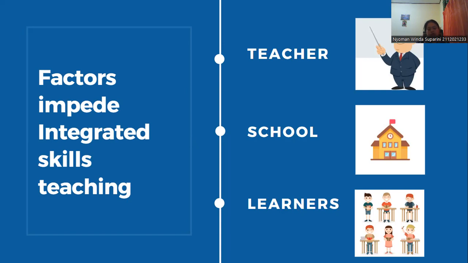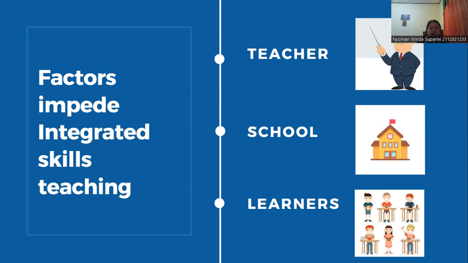Some teachers believe that it is impossible to teach more than one language skill at a time. In order to succeed in integrated skills teaching, the teacher must be willing to collaborate the four skills in such a way.